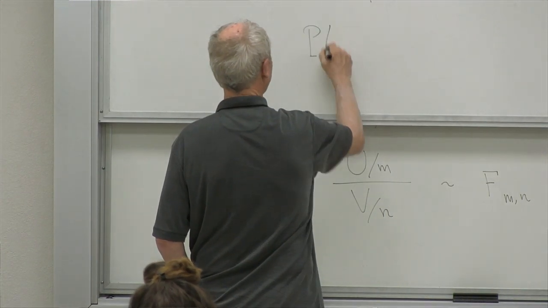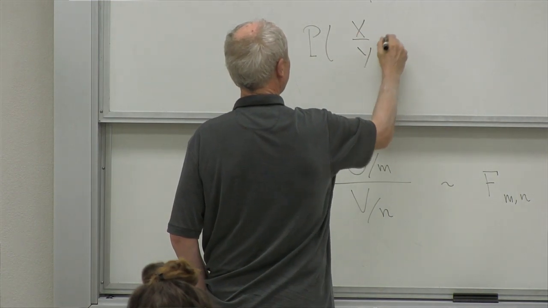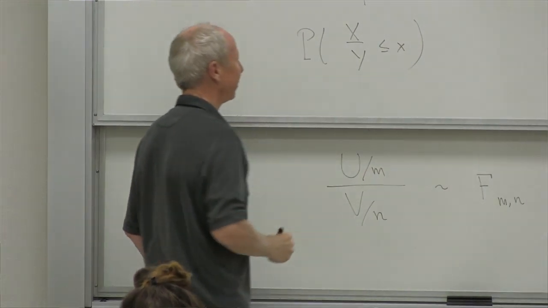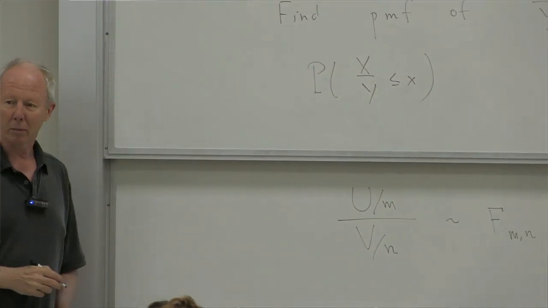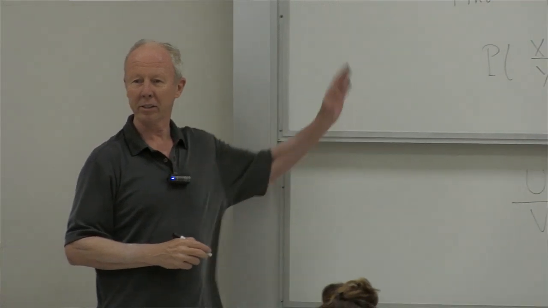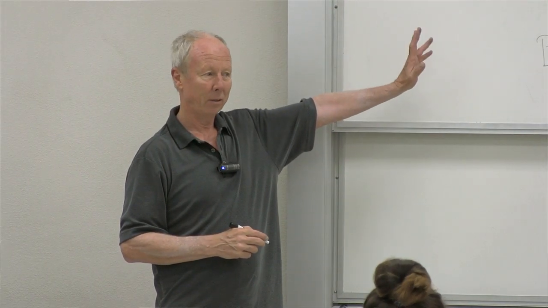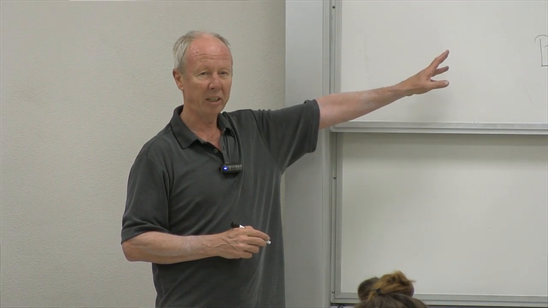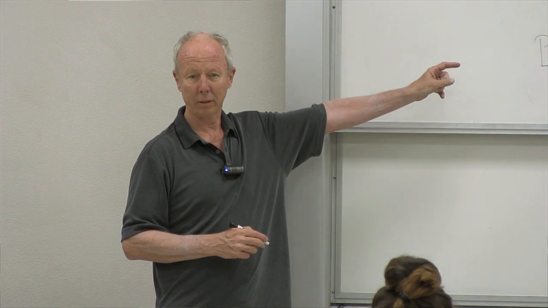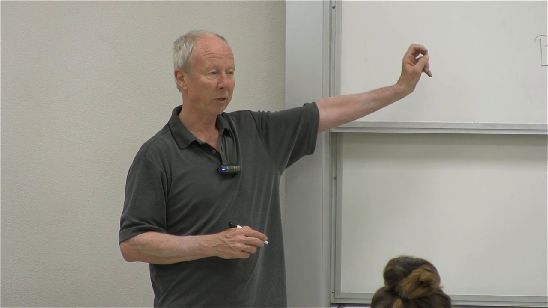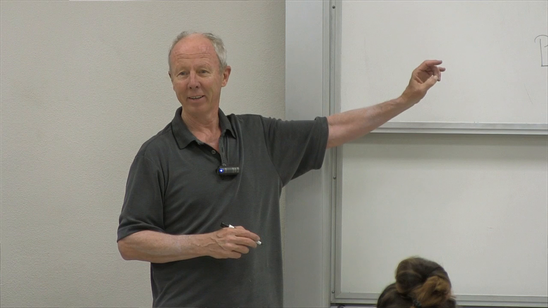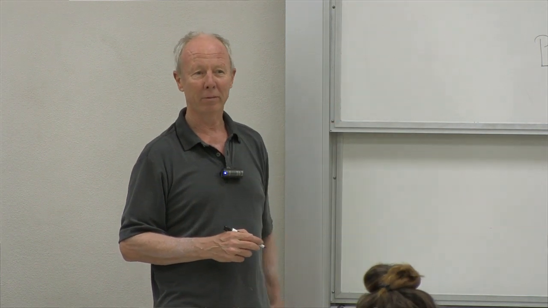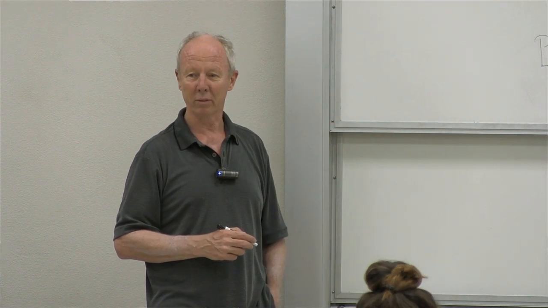So let's get the PMF here. This is the CDF. So how do I get from the CDF to the PMF? I want to compute this and then compute the derivative.